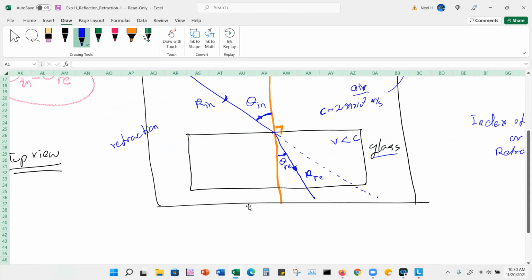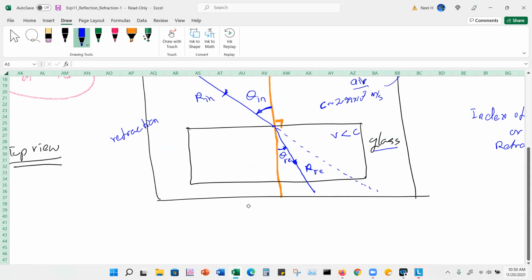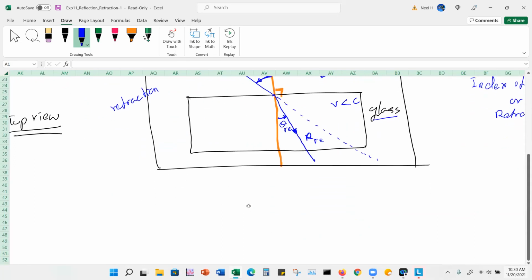So what Snell figured out is that if we take the correlation between the refractive index of medium 1 and the sine of the angle in medium 1, which is air in this particular case, where the light comes in, that magnitude should be equal to the refractive index of medium 2 times the sine of theta 2.